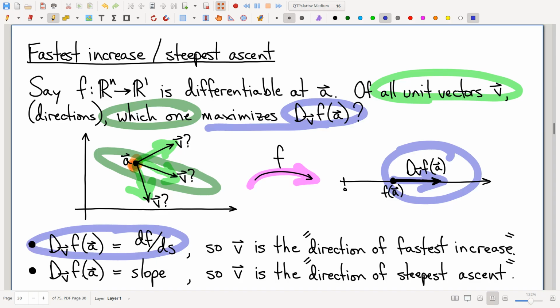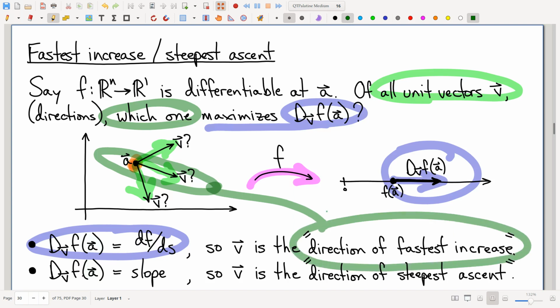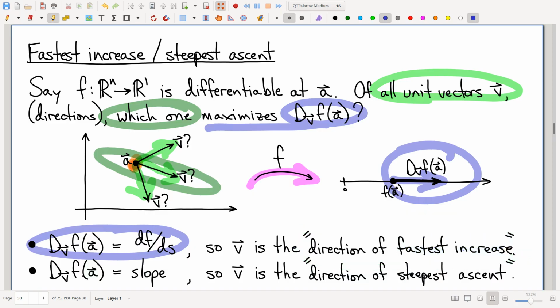So if you're trying to maximize how fast a function is increasing, doesn't it seem reasonable to call this direction the direction of fastest increase? Because it's literally the direction in which the function is increasing the fastest. I think it's a very natural phrasing. To my surprise, this is the less common of two terms used to describe this.